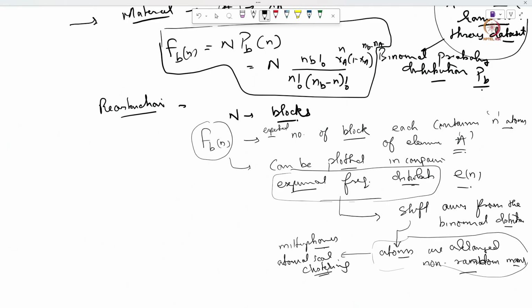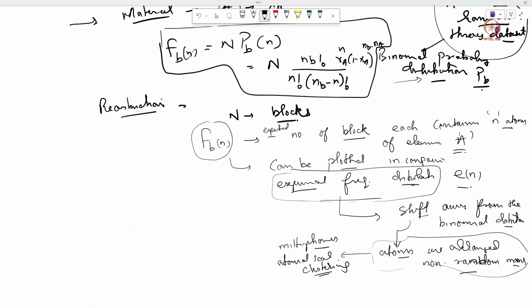Okay, so this binomial distribution is for the random arrangement of A element within the data set. This is given by this. And if you plot the experimental frequency distribution with respect to the binomial distribution, then if there is a shift in the peak, or a shift in the frequency distribution, it shows that the atoms are arranged in a non-random fashion.